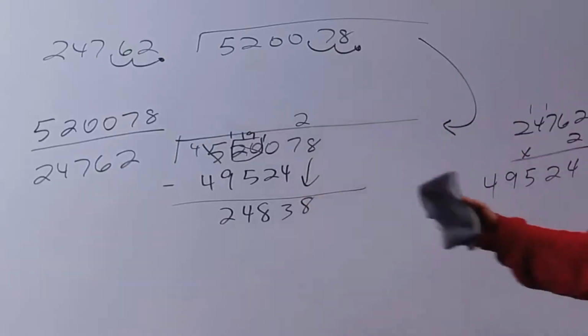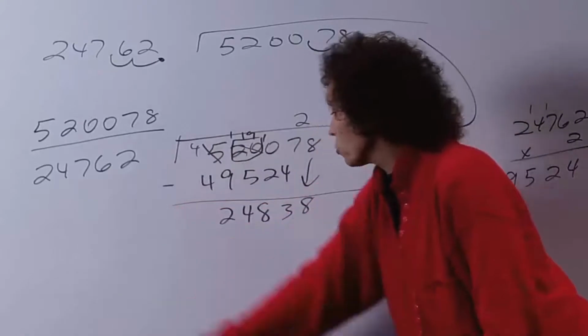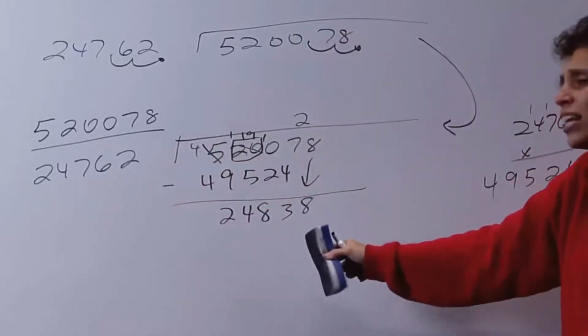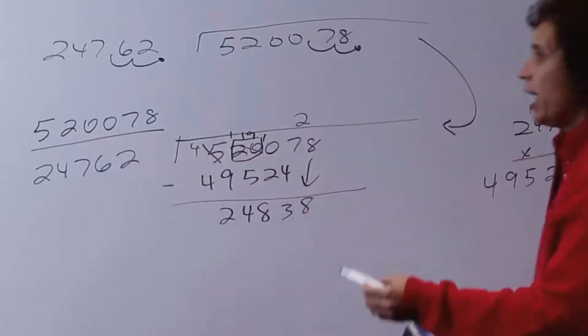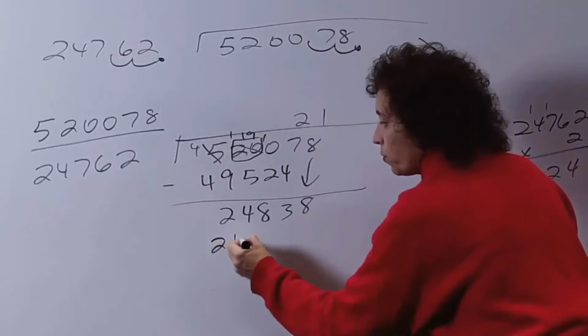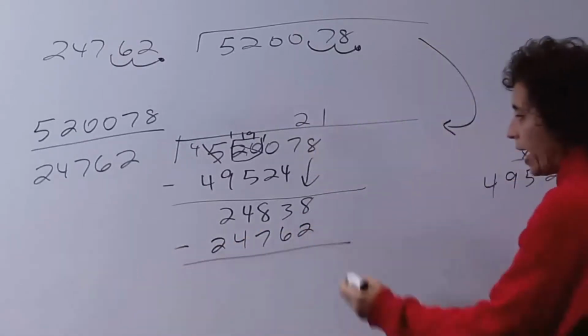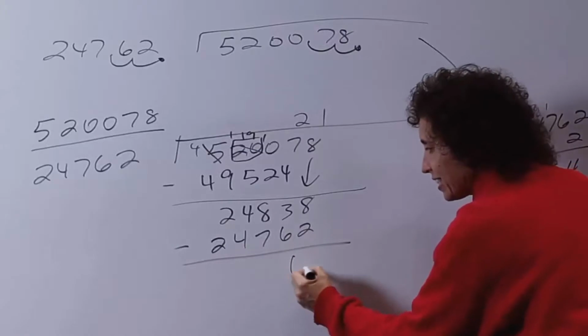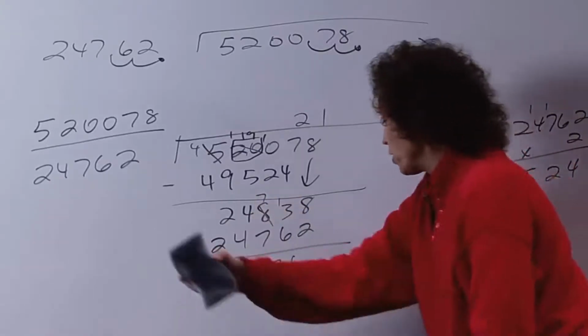Well, now I have to go 24,838 divided by 24,762, and I get 1. 24,762. I have to now subtract. 8 minus 2 is 6. Have to borrow. I get 7, and the rest are zeros.